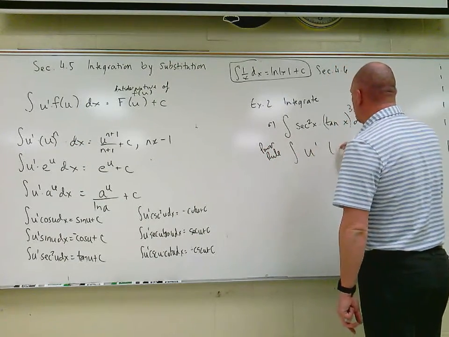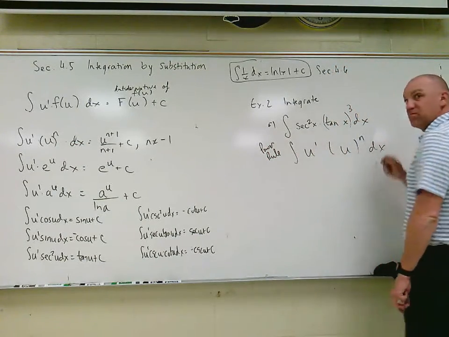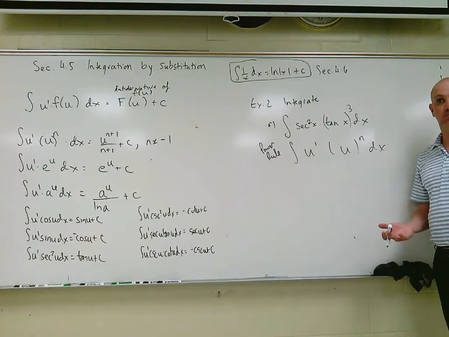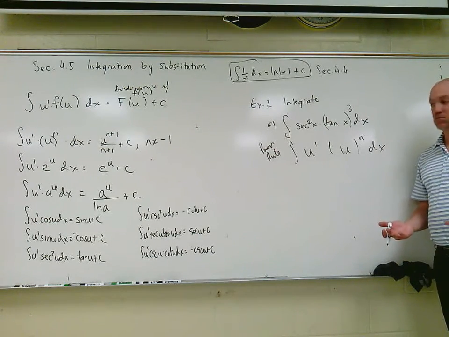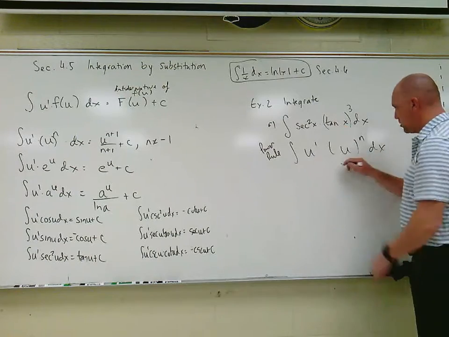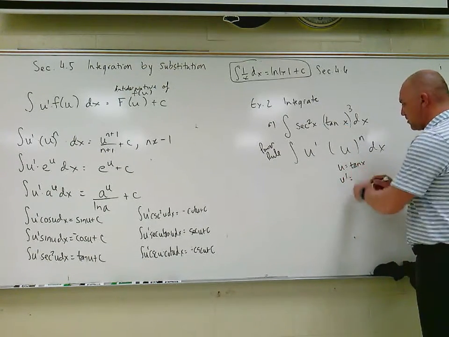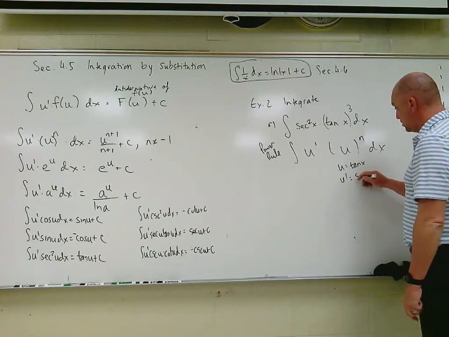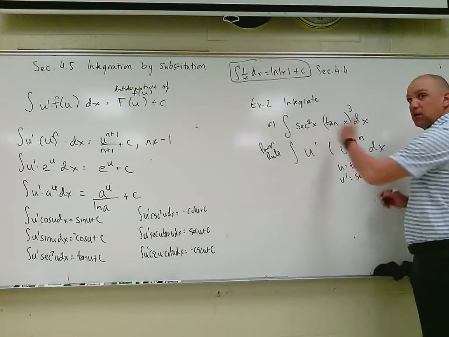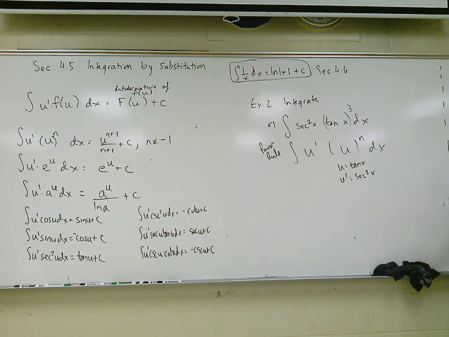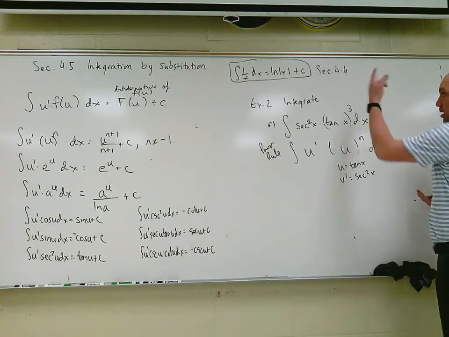I have to have u prime u to the n. There's nothing for me to do. What's my u? My u is tangent. What's u prime? The derivative of tangent is what? Secant squared. It matches perfectly. It is already set up. It's a power rule, so all I have to do is apply power rule.